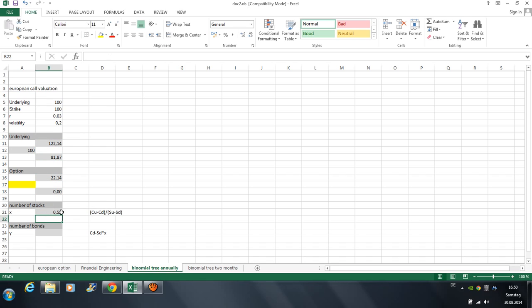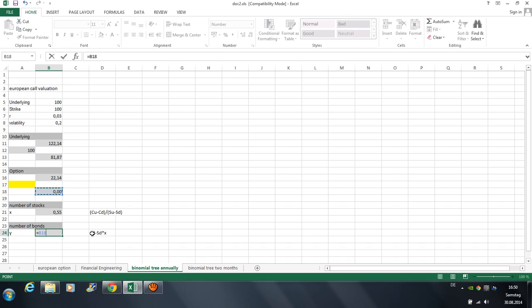This is the number of stocks we would have to buy. So for this one option, we would have to buy 0.55 stocks.